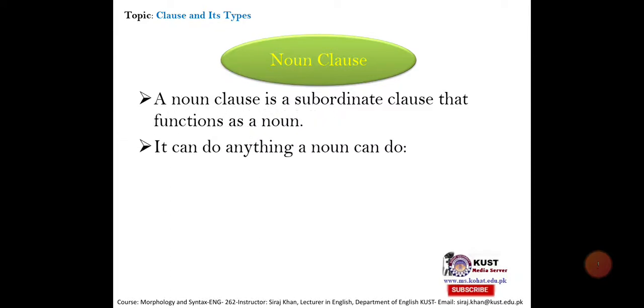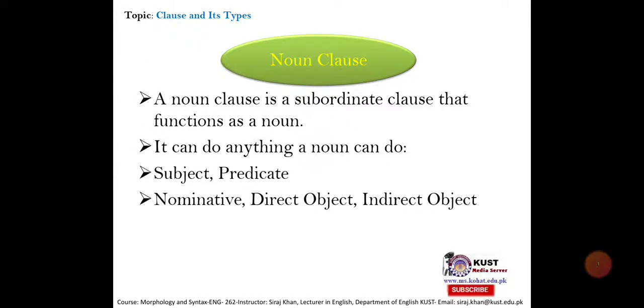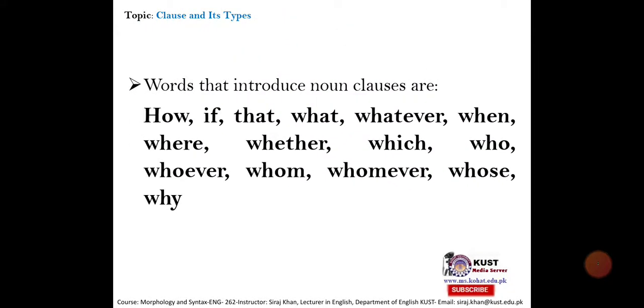It can do anything a noun can do: subject, predicate nominative, direct object, indirect object. Words that introduce noun clauses are how, if, that, what, whatever, when, where, whether, which, who, whoever, whom, whomever, whose, and why.